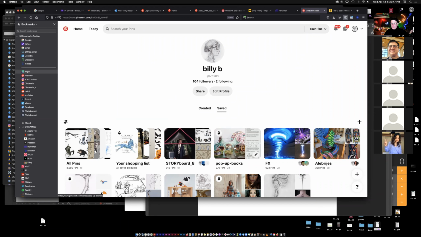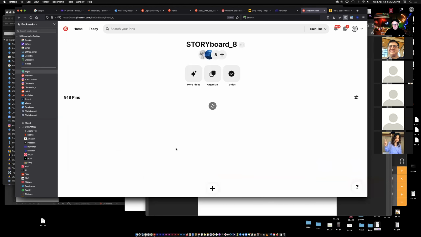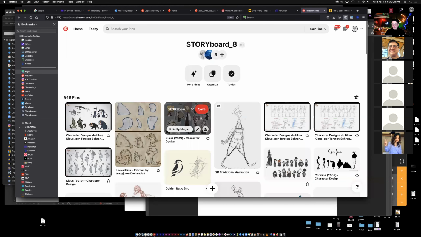I was very fascinated by it because it's just really awesome putting these things together. And the other day, I just clicked on maybe 10 of the pages right in a row. And what that allowed me to do was completely rebuild my Pinterest thing. So even if I click on anything, it's going to show me storyboard or pop-up book stuff. So I posted a bunch of stuff here that I thought was really interesting.